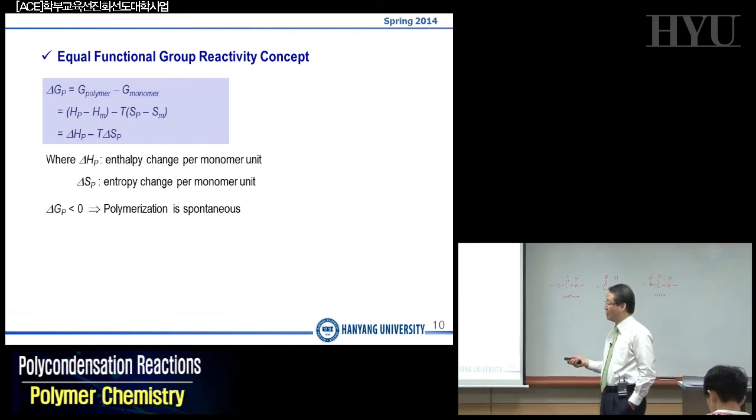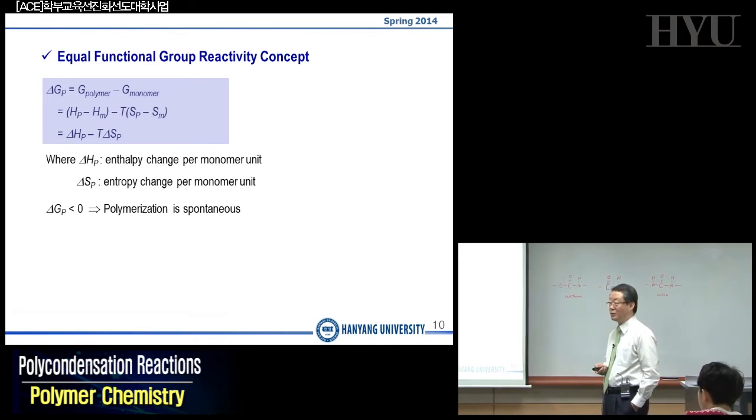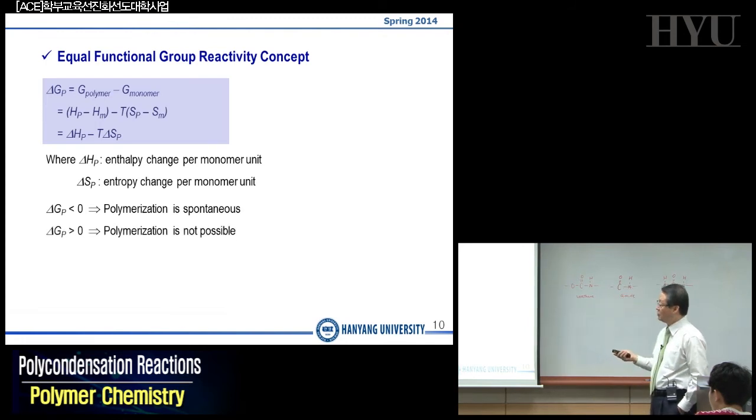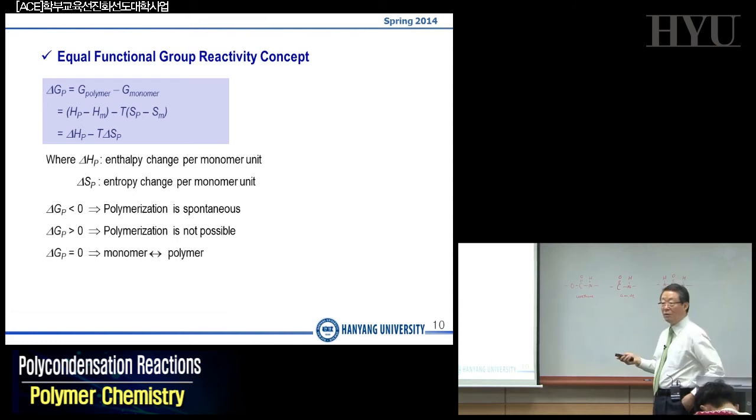Again, if we summarize: if delta GP is negative, then the polymerization reaction is spontaneously feasible. If delta GP is positive, then polymerization is not possible. If delta GP is equal to 0, your reaction is in equilibrium.